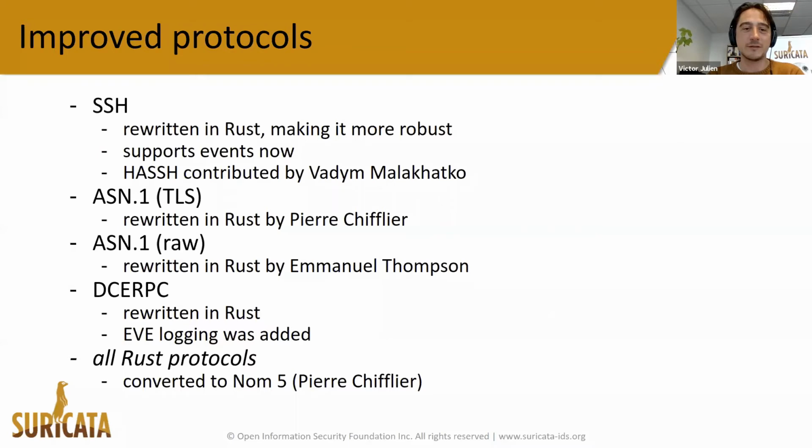So Pierre Chifflier has been doing the heavy lifting on the support in TLS. And then Emmanuel Thompson has been doing the raw ASN1 parsing that is part of our ASN1 rule keyword. So both of them are done in Rust now, and I'm very excited about this.